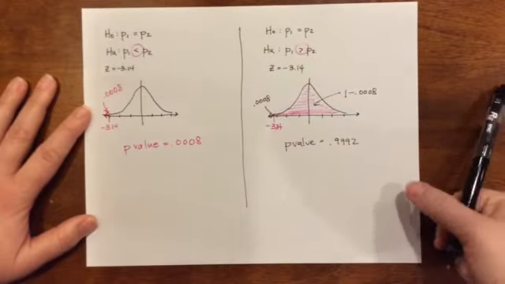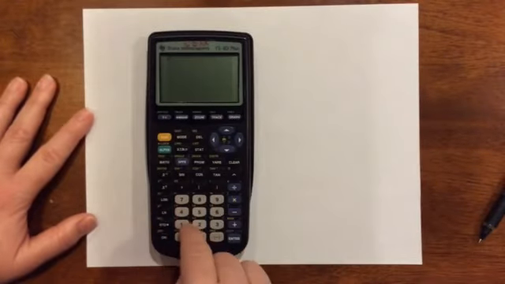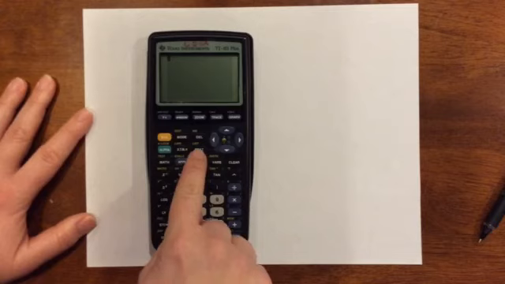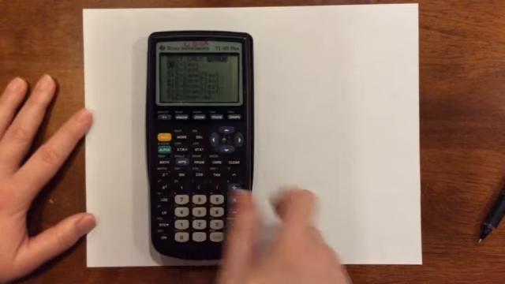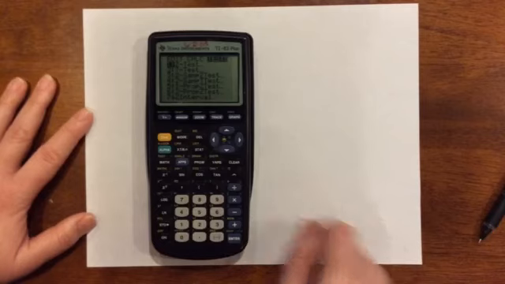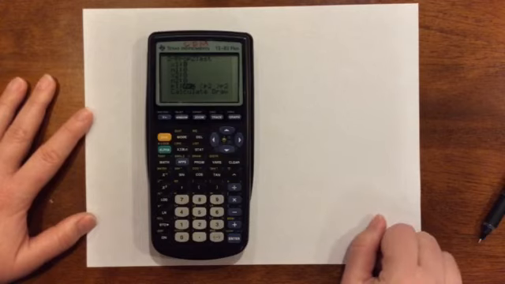Okay, so let me really quick show you how to do it on your calculator, and then I'll let you go. So you're going to go to Stat, then you're going to go to Test, and what we're doing today is called a two proportion z-test. Okay, and then here you're going to enter in the data that you collected.